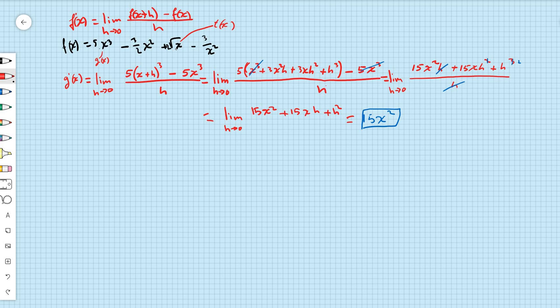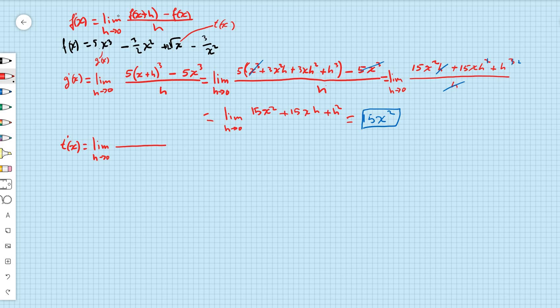That function t of x. So let's find t prime of x. That will be the limit when h tends to 0, using also this same formula.